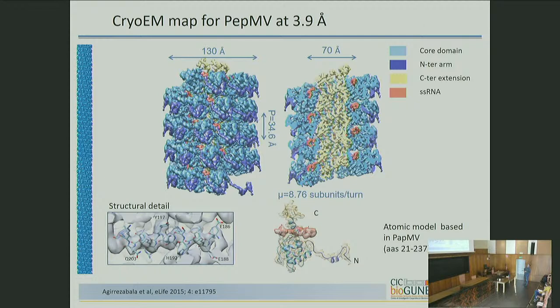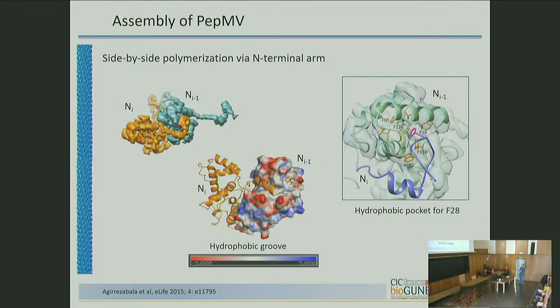This is one isolated subunit, and here we have the signal for the RNA. What we learned there, first, as you may imagine, is about interaction. The N-terminal, in this case for this Potexvirus, family Alphaflexiviridae, has a stretch of relatively hydrophobic residues that go into a hydrophobic groove in the next subunit.